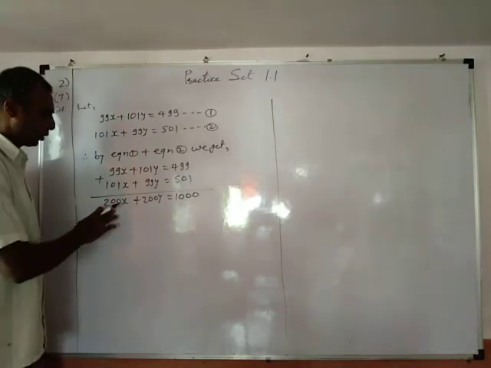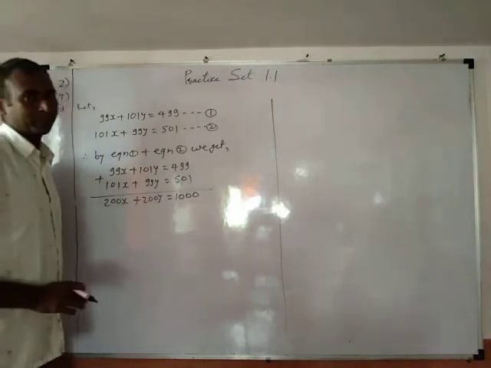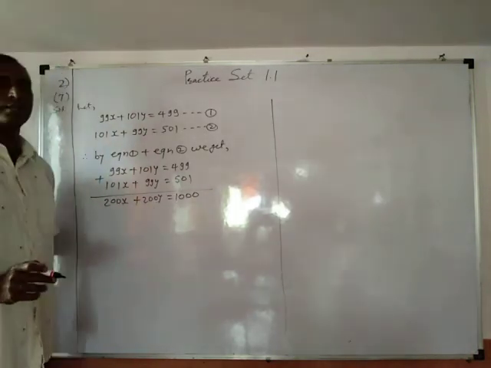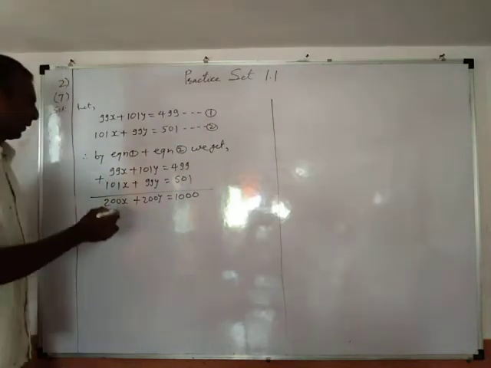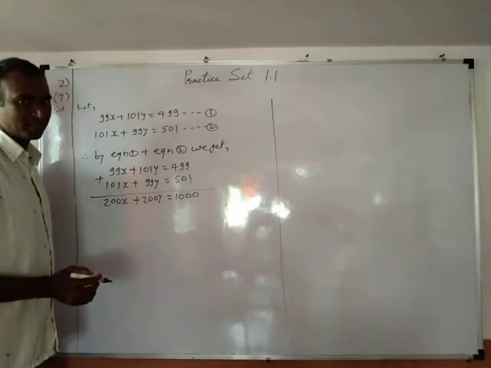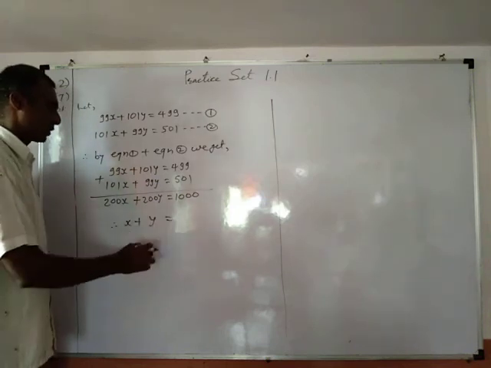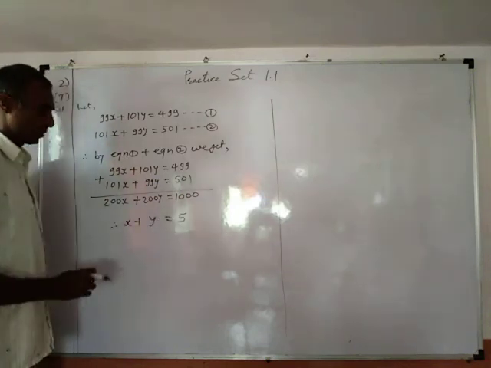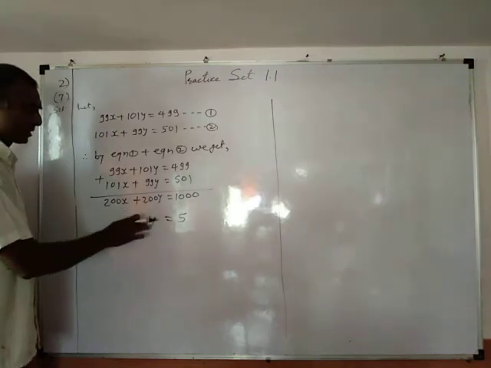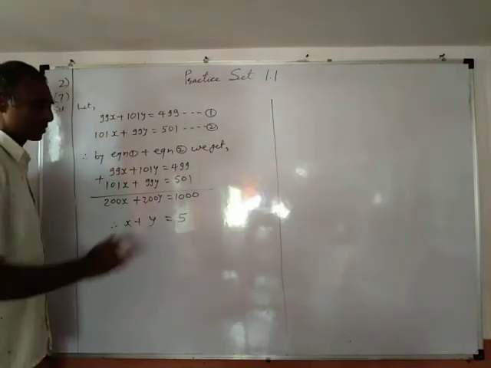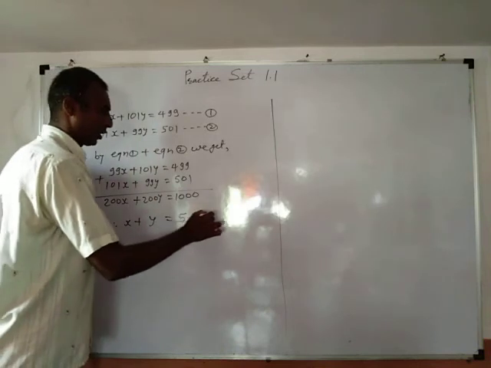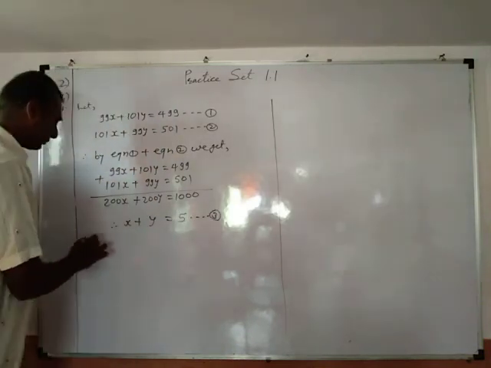Now you may note 200, 200 and 1000 are all multiples of 200. Dividing both sides of this equation by 200, we get x plus y equals 5, since 200 5s are 1000. Let's call it equation third.